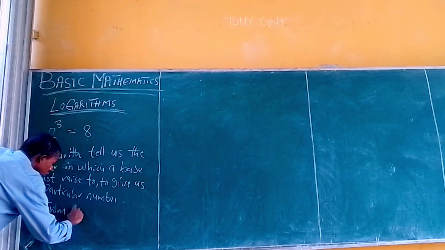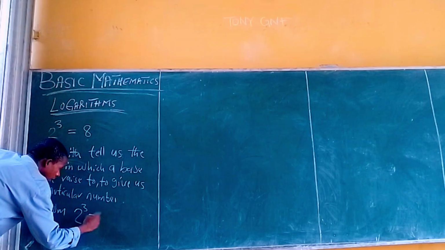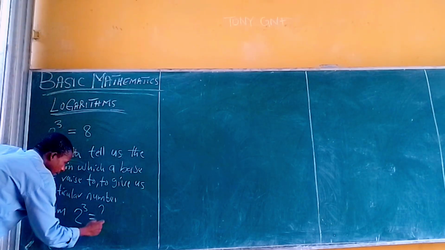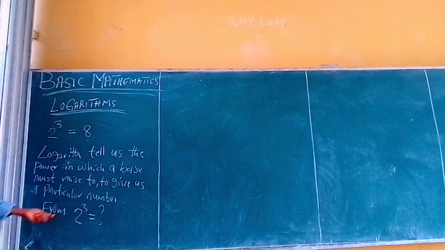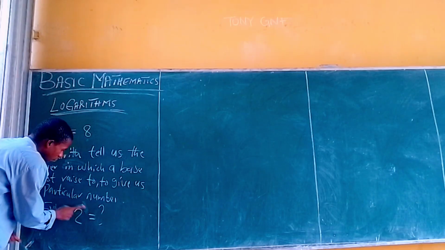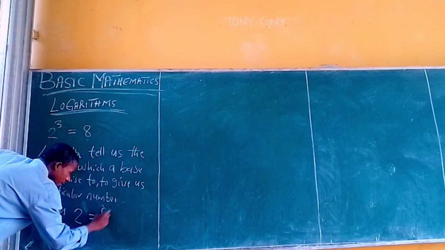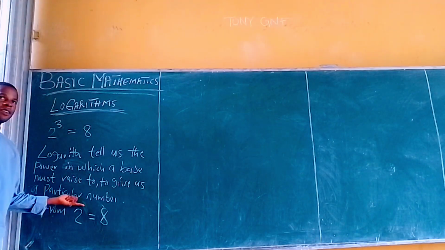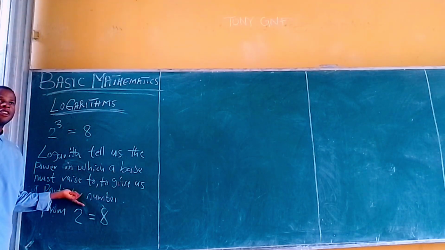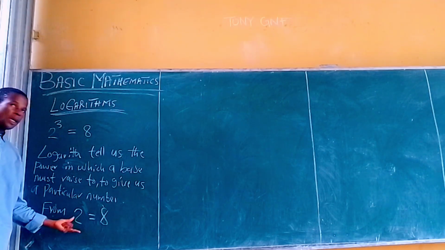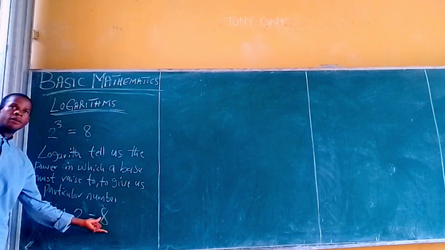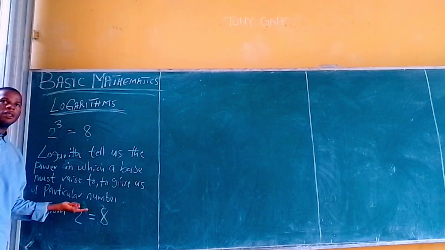Now, if you have 2 raised to the power of 3, and they did not give us the answer. If they give us the answer, how can we identify the power? If you have a base, and we have the answer, how can we identify the power?